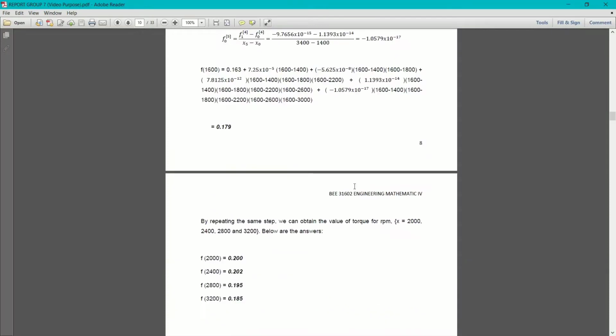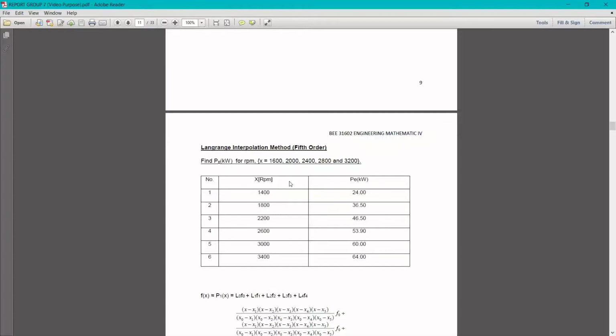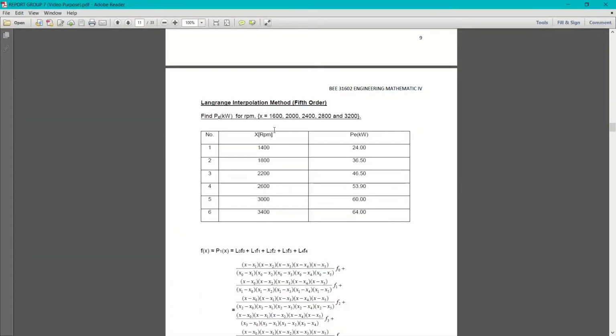Next we need to use the Lagrange interpolation to find different things, for example effective power, fuel consumption and specific fuel consumption. So this is the solution using the Lagrange interpolation method to find power efficient at rpm 1600.